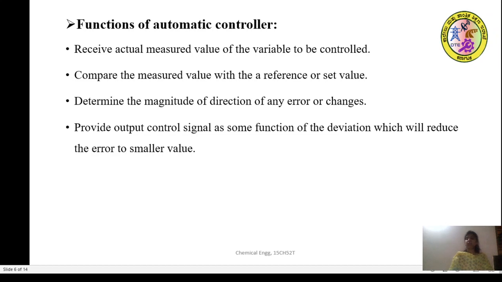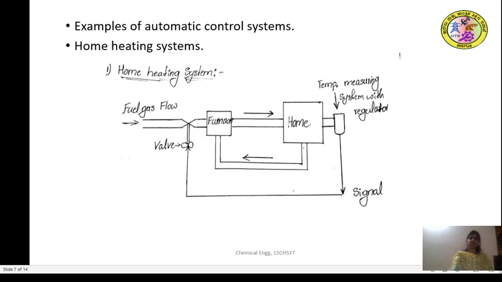All that is determined by the automatic controller. Also the automatic controller provides an output signal as some function of the deviation which will reduce the error to a smaller value. So the automatic controller always tries to reduce the error to a smaller value. These are the functions of an automatic controller.